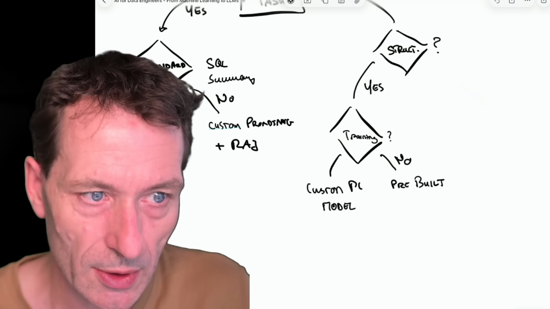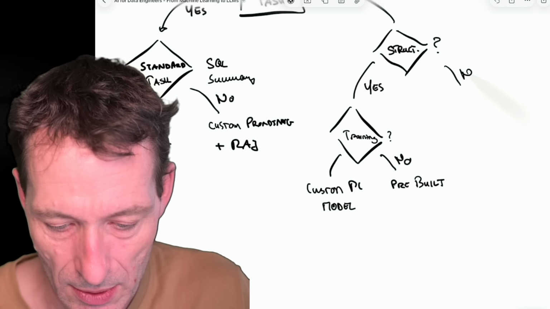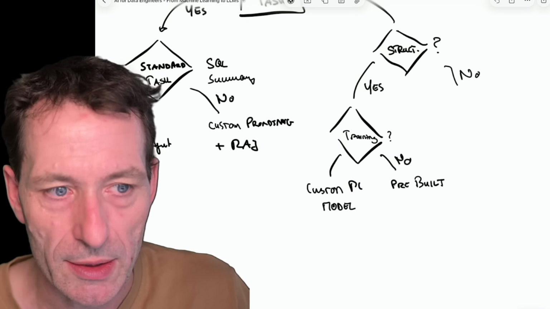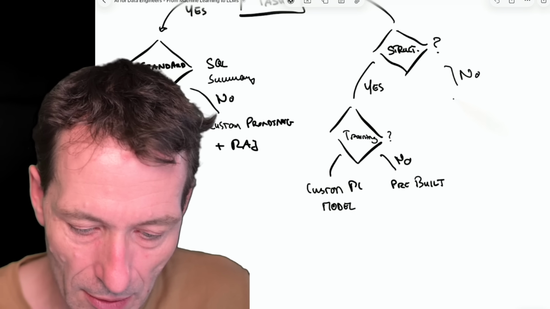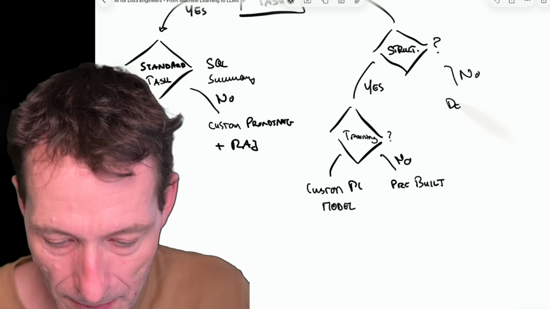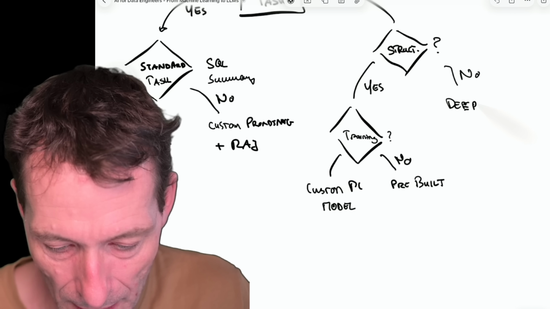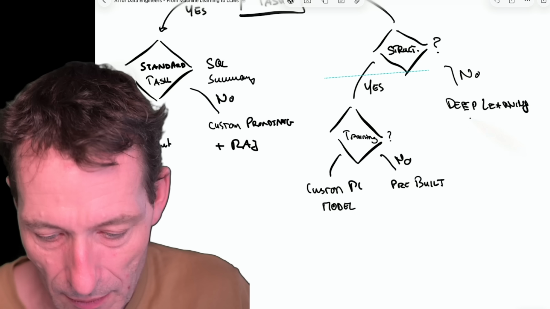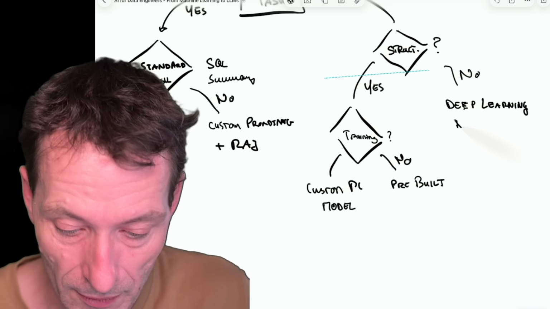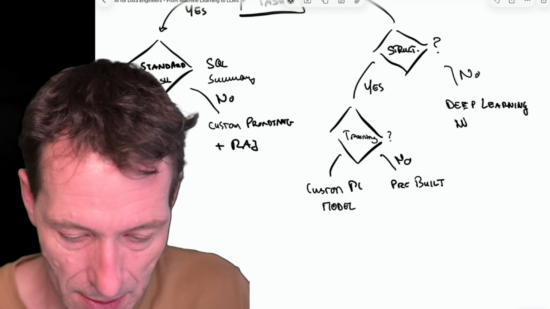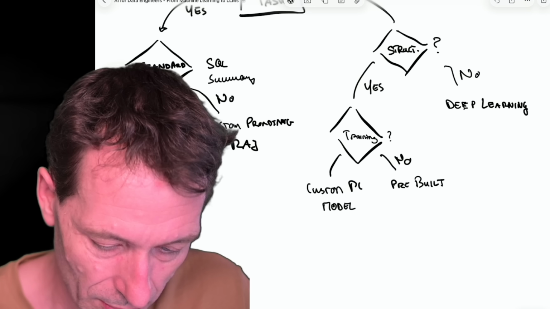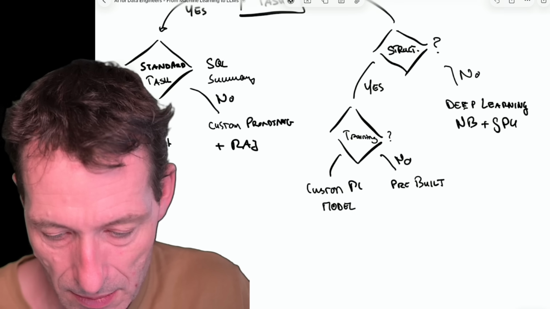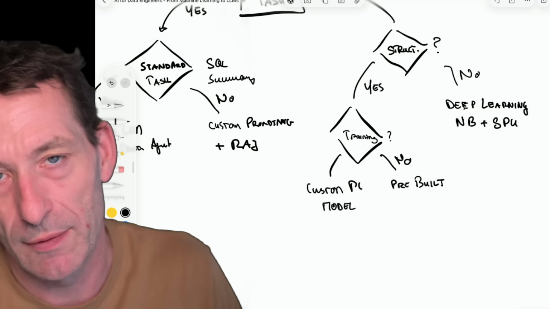If you don't have a structured prediction, so you have things like audio files or video files or images or something like that, then you're on the side of deep learning. And then you can go in Fabric with notebooks and GPU, or you can use any other tool.